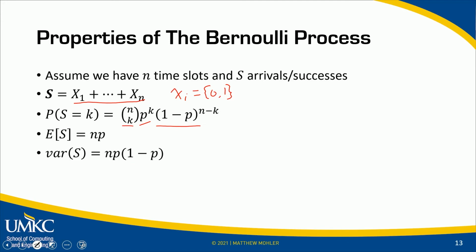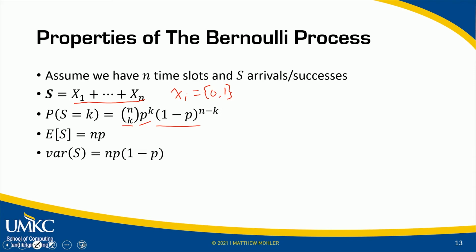Finally, the variance of S, the number of successes, is just equal to n multiplied by p times 1 minus p. Again, the variance of a single Bernoulli random variable is p times 1 minus p, and so we multiply that by n because of the n time slots.